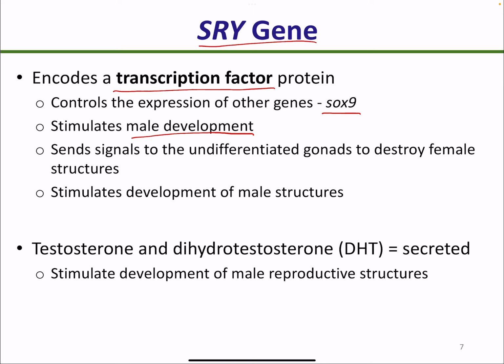And it's going to stimulate the development of all organ structures, including the penis, the testes, the vas deferens, and so on and so forth. Testosterone and dihydrotestosterone, these two hormones, are secreted to stimulate the development of reproductive male organs.